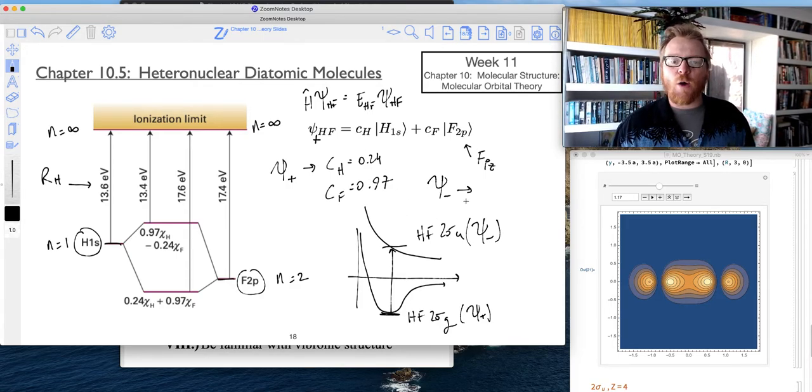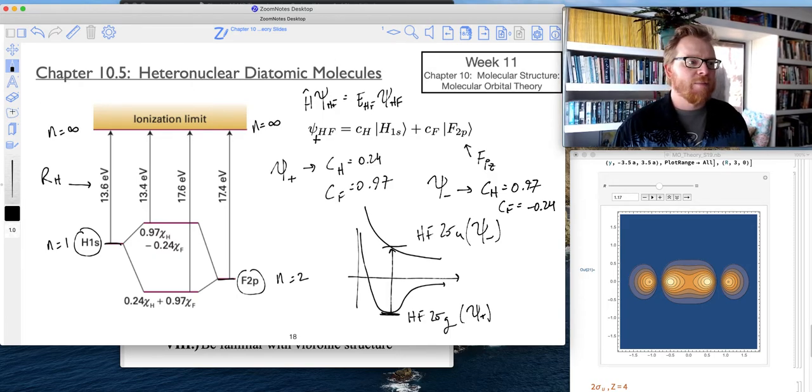But you can see when we solve the psi minus, the coefficients get switched, which is kind of cool. Now in the anti-bonding state, the hydrogen contributes the most, whereas the fluorine contributes the least. Actually, I could say that's still positive 0.24; it's just minus the wave function.